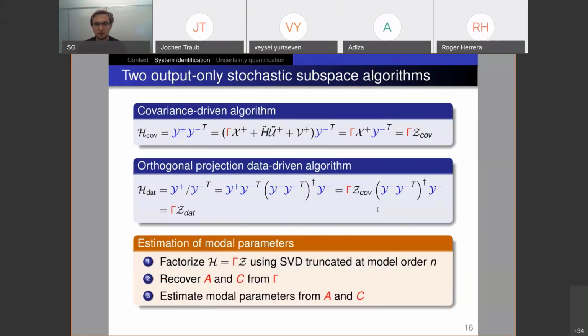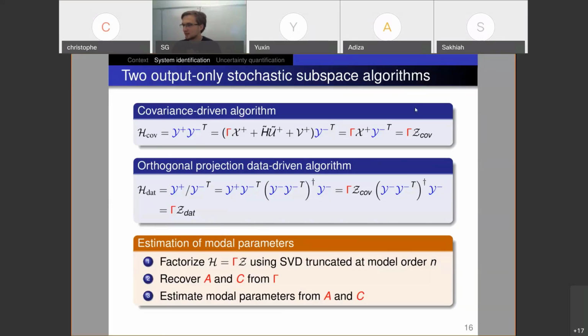So they both revolve around forming a so-called subspace matrix from the data sequences. Here I denoted the covariance-driven algorithm as H COV, and the data-driven algorithm as H DAT. For the covariance-driven algorithm, we basically compute the covariance matrix of our output data, which is y plus times y minus.